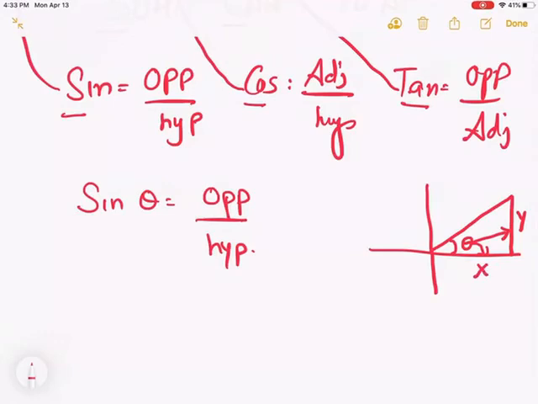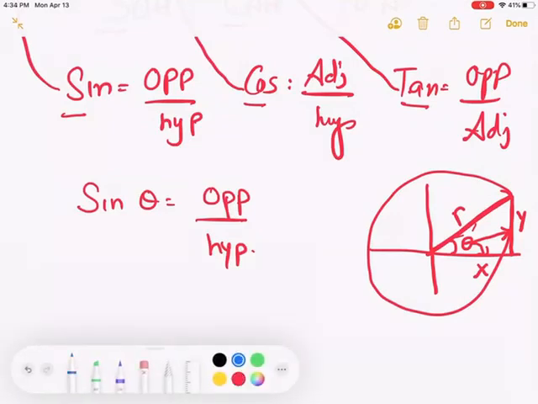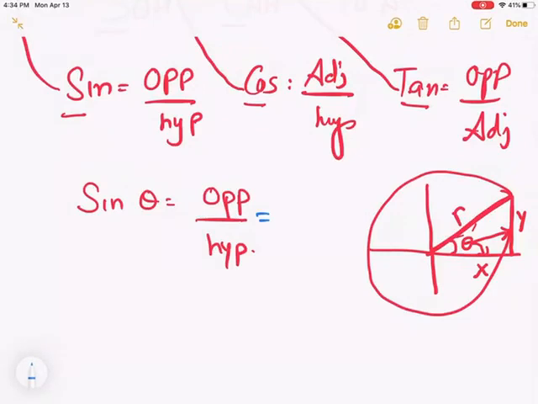And the hypotenuse, which is this whole side here, because I'm looking at it in reference to a unit circle, is nothing else but the radius of that circle. So let's write these ratios based off x, y, and r. The opposite side for this angle would be y and the hypotenuse would be r. That's just another way to write this ratio.